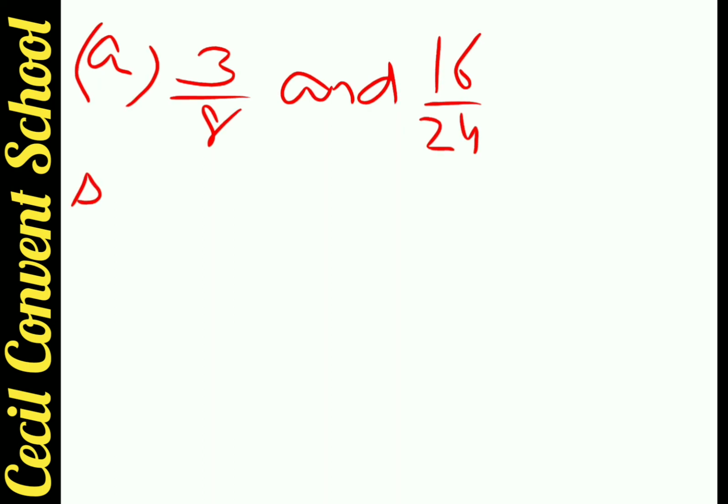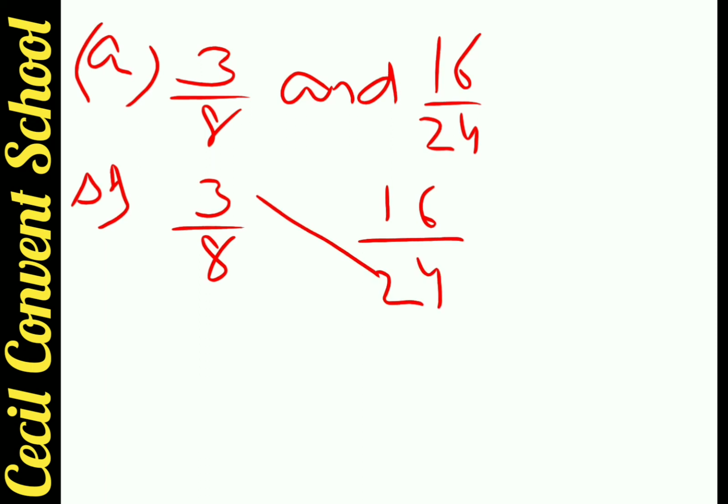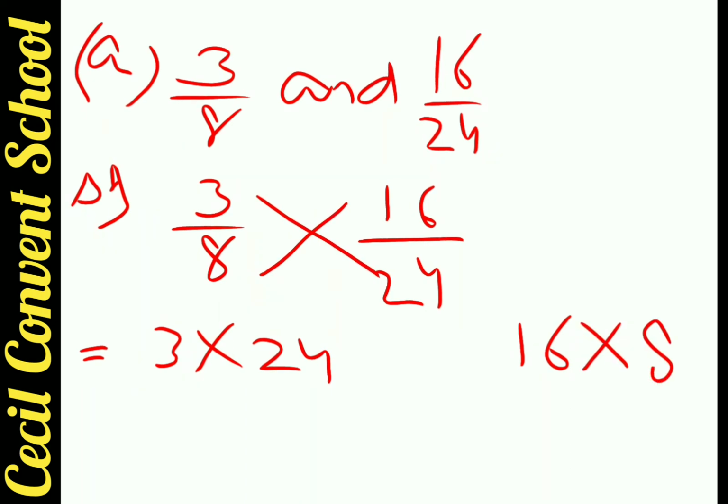So the solution, how do you write it? 3 by 8, in place of and nothing comes, you will put a cross like this. Clear? Then 3 multiply by 24, and on the side you will write 16 multiply by 8. In between this you will not write anything.